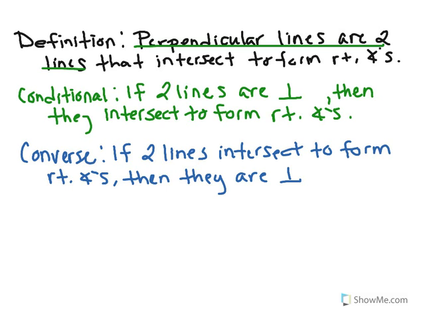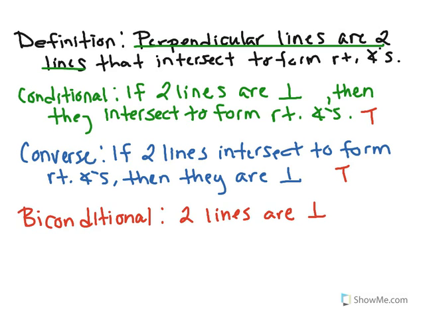Remember that in order to write a biconditional statement, both the conditional and the converse must be true, so let's determine that. The conditional statement, if two lines are perpendicular, then they intersect to form right angles, is definitely a true statement. And the converse, if two lines intersect to form right angles, then they are perpendicular, is also a true statement. So we know that we can write the biconditional statement with the phrase if and only if. Here's the hypothesis of the first conditional statement: two lines are perpendicular.